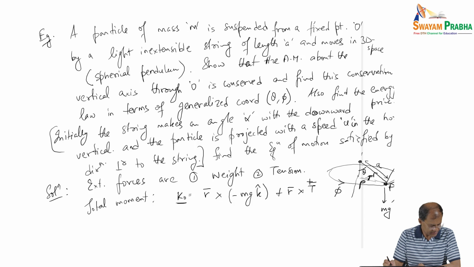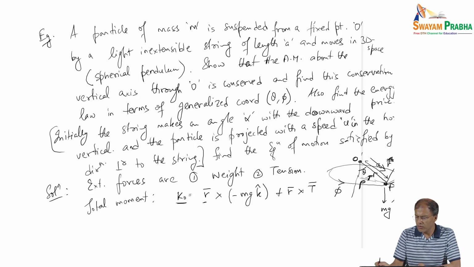Now what we can do is, what is r? R is going to be the distance of the particle mass at P from the origin. So this is our origin, and this is our r direction, r hat.